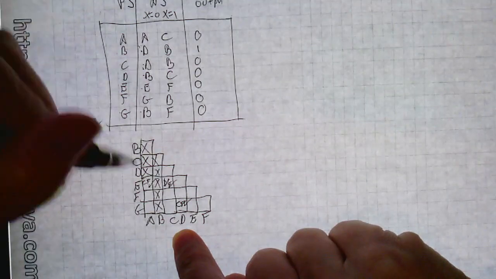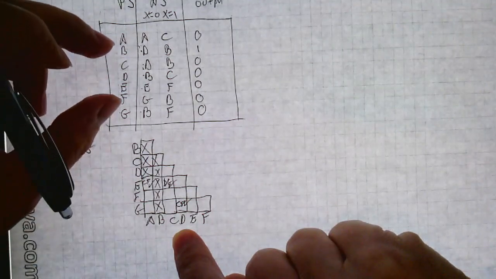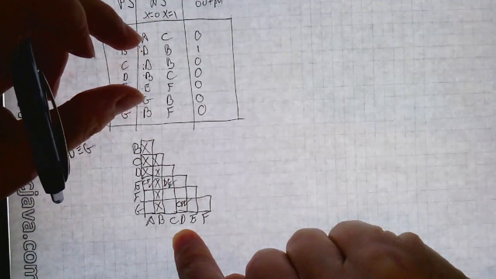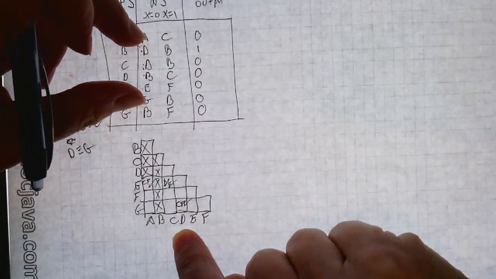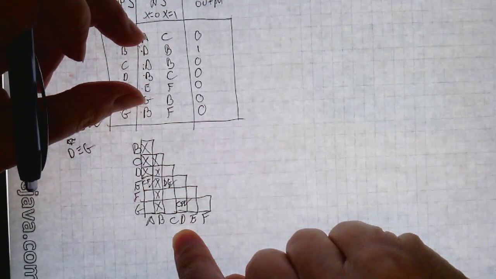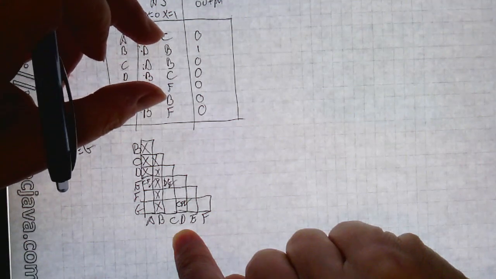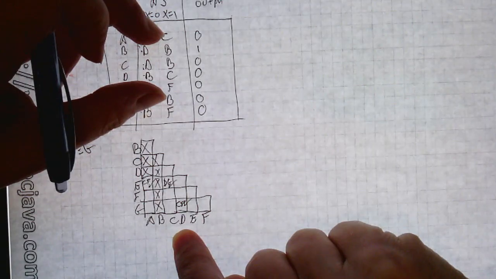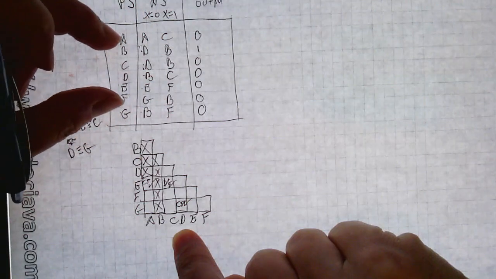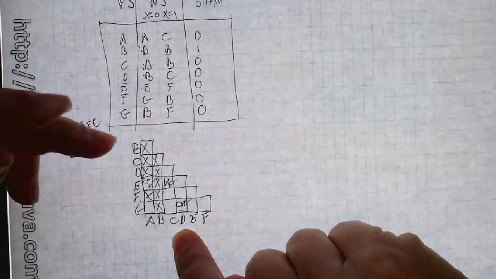And now I can look at A and F. A and F are good if A is equal to G, we don't know, or if C is equal to B. And it looks like C is not equal to B. And therefore, A cannot be equal to F.